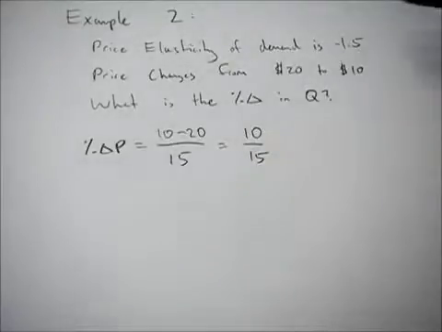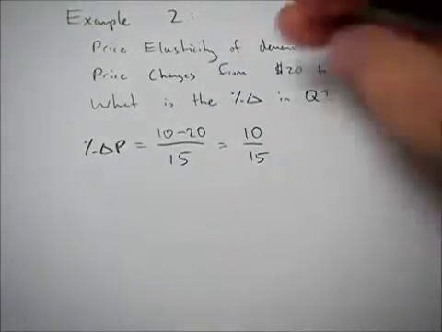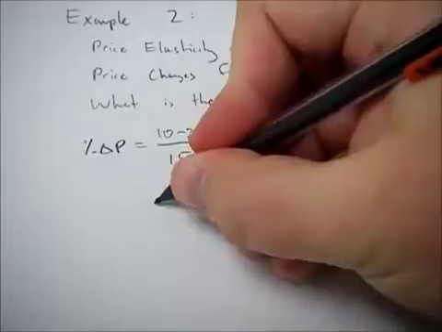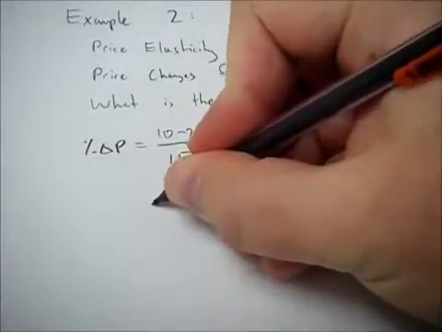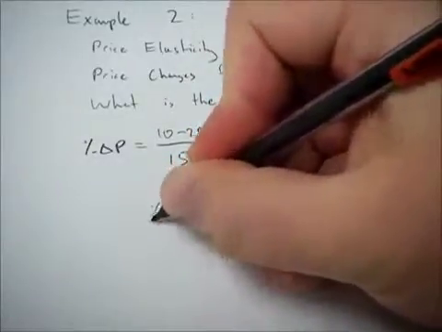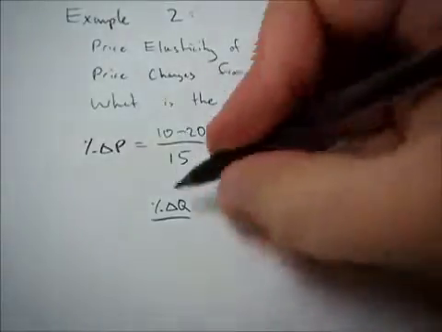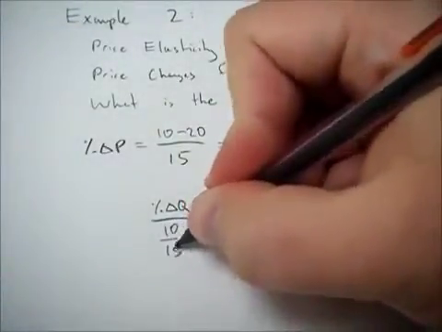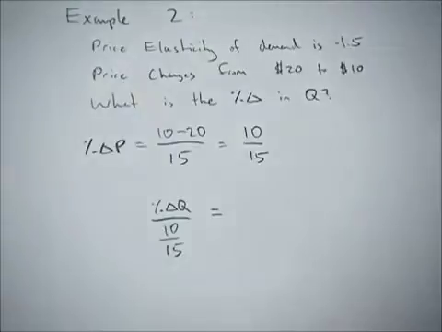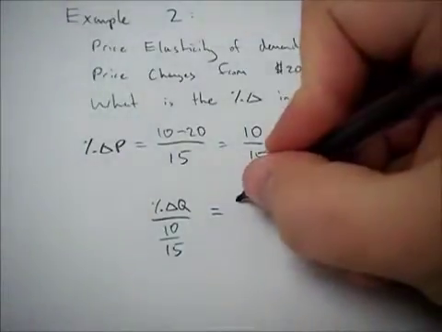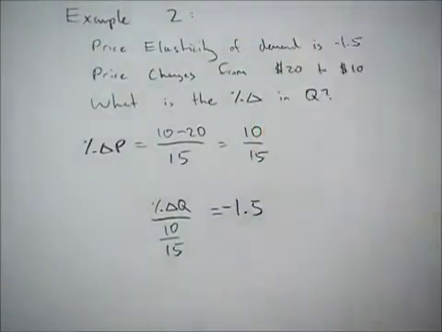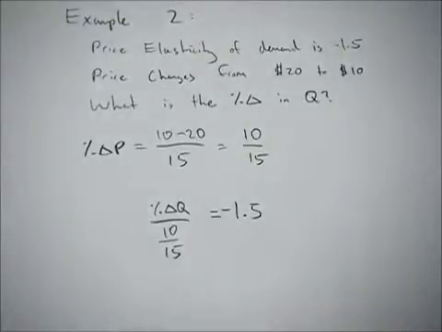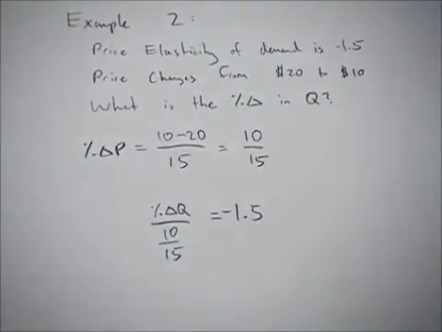And then we set that up in our equation and solve for Q. So we have percent change in Q in the numerator, our percent change in P in the denominator, 10 over 15. And so that's going to be equal to negative 1.5, our price elasticity of demand.